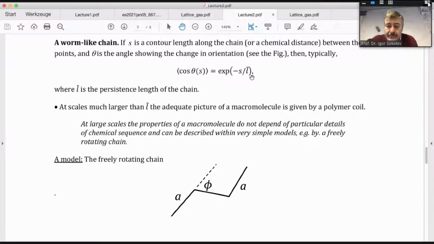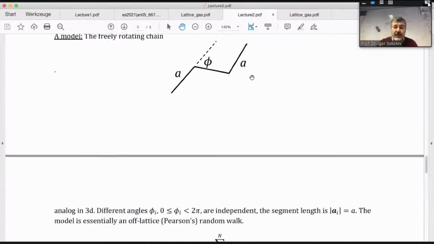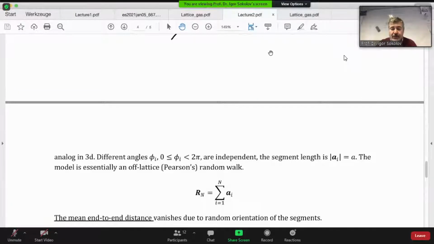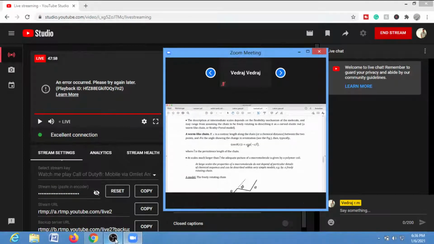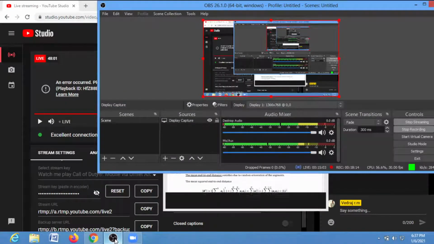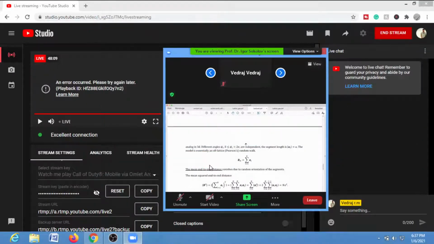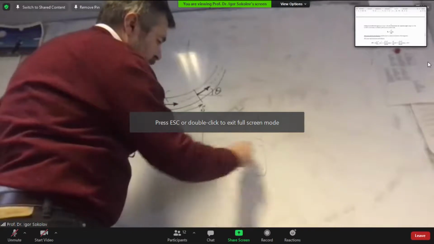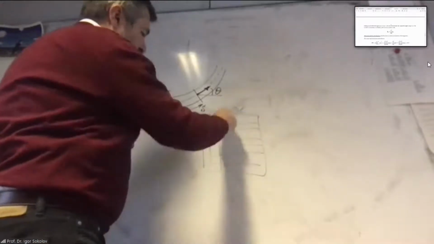Now, what do I want in building? We will consider this model in much more detail a little bit later, but don't forget where I wanted to go. And where I wanted to go was to understand how I have to draw my lattice model, for example, for a chain which at small scales looks like this.